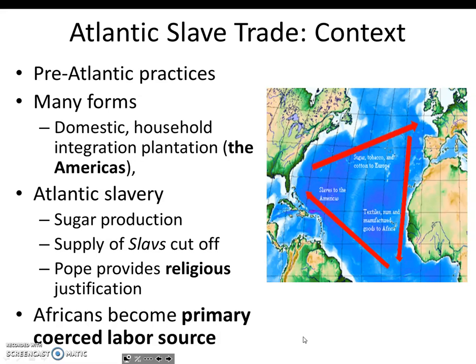Now, in the Americas, Africans do become the primary source of coerced labor. Native Americans died off from European diseases, and they also knew the terrain, so they could easily escape. Europeans were considered a bad alternative. Christians from marginal lands couldn't be enslaved. Indentured servants were expensive.